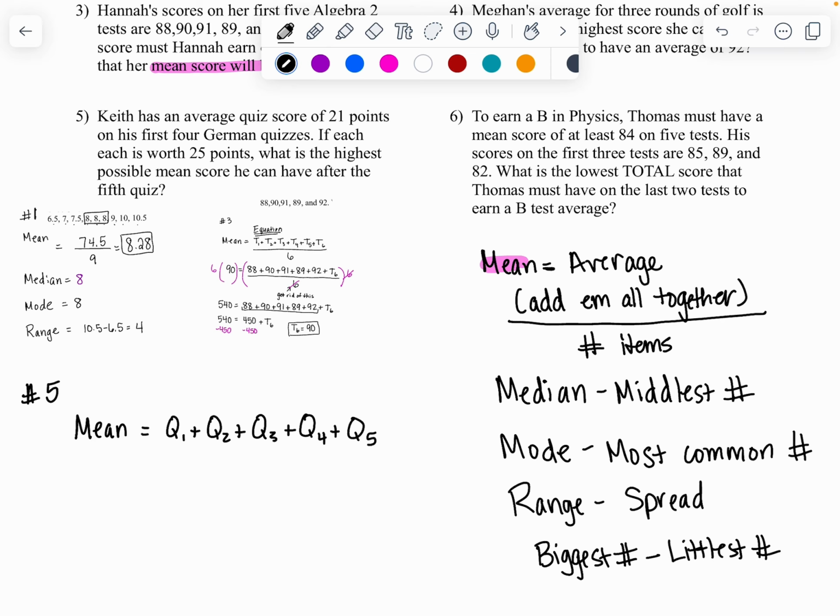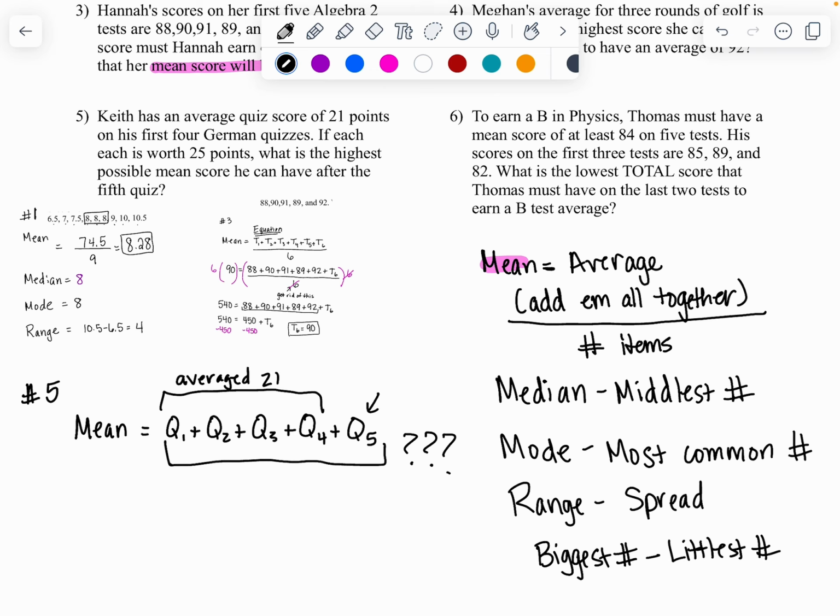All right, and they didn't tell us any of these scores. Not a single one. They told us the average. These averaged 21.